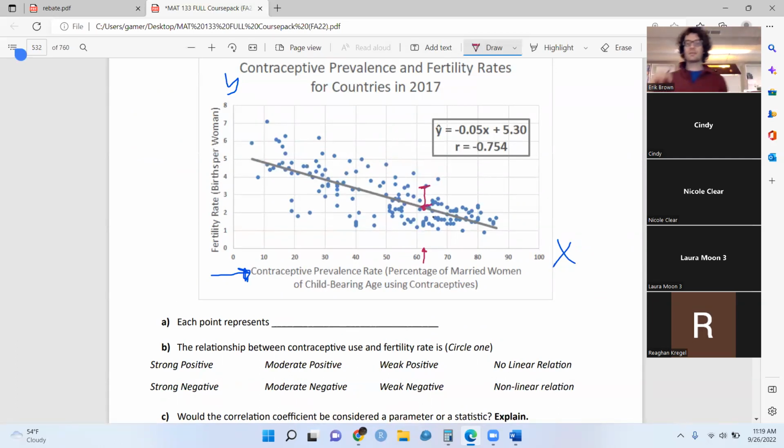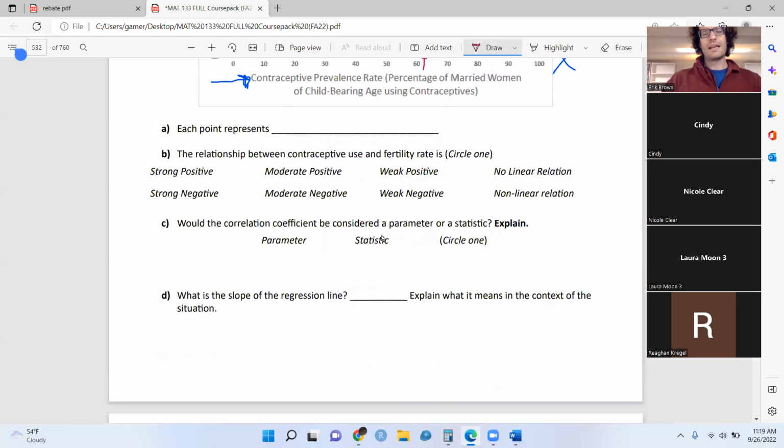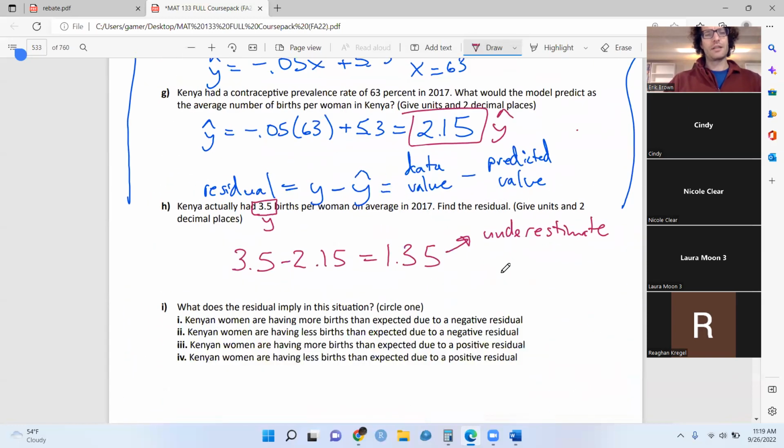So Kenya's actual value is above the trend line. That's the rationale for our underestimate. It's a positive value from the trend line up. Is that making sense, or am I just talking craziness?